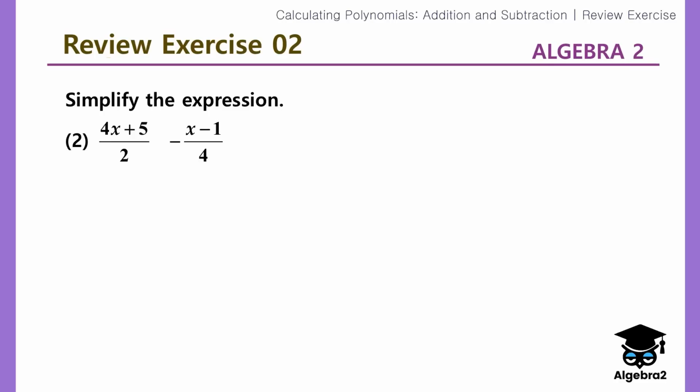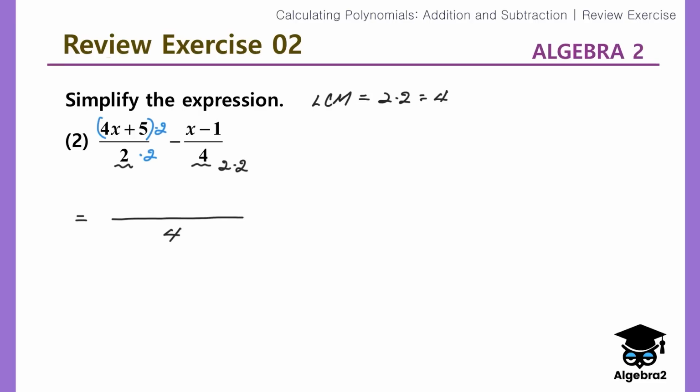Number 2, let's find the least common multiple. So we have 2 here. 4 is 2 times 2, right? So our least common multiple of those two denominators is, we must have at least two 2's, which is equal to 4. So we're going to multiply by 2 here and 2 here, right? So let's rewrite this expression.